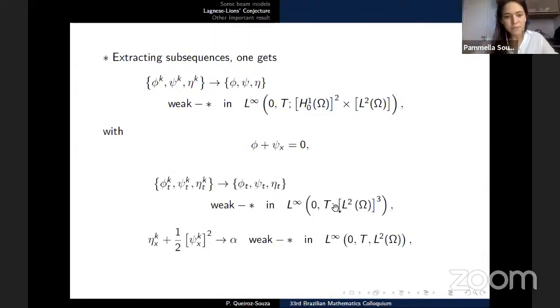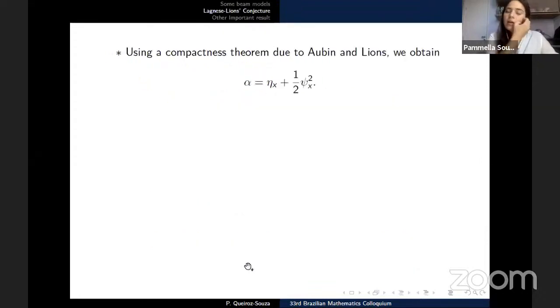And finally, we have the convergence of the nonlinear term, and here we have alpha. Okay, using a compactness theorem due to Aubin and Lions, it's possible to see the identification of alpha, the limit of the nonlinear term.